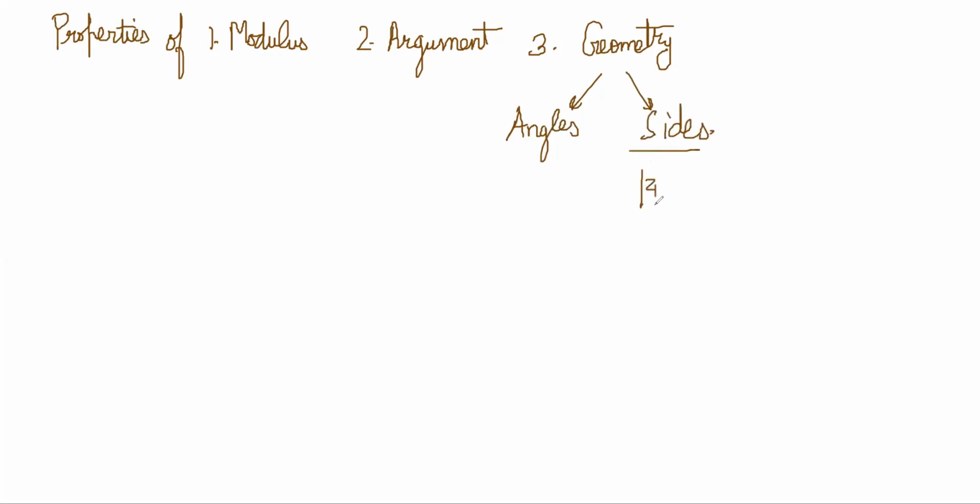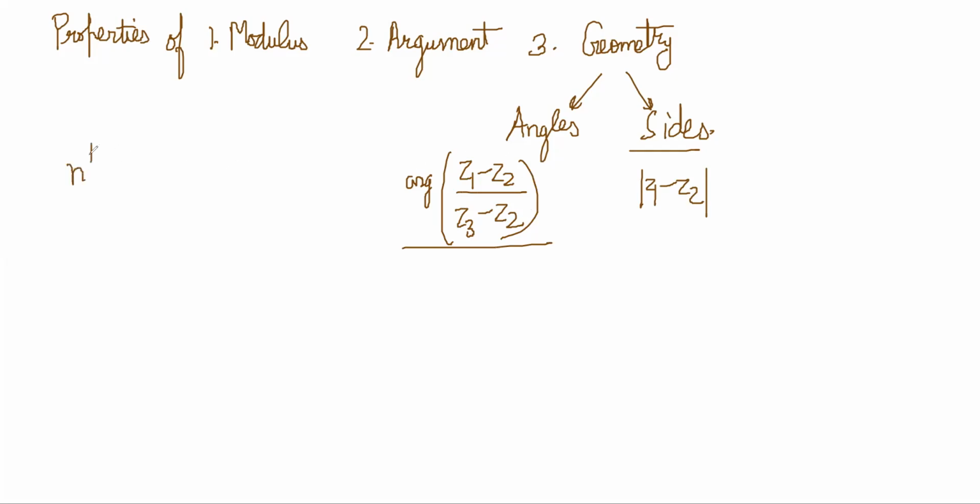Sides, you know, is mod z1 minus mod z2. Angles are argument of z1 minus z2 by z3 minus z2, something like this, right? So what is left is nth roots of unity. That is left.